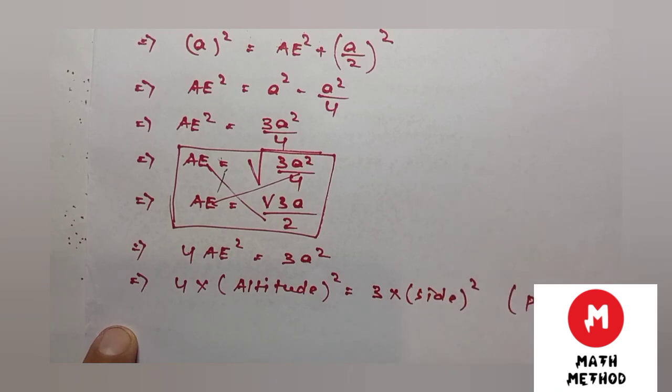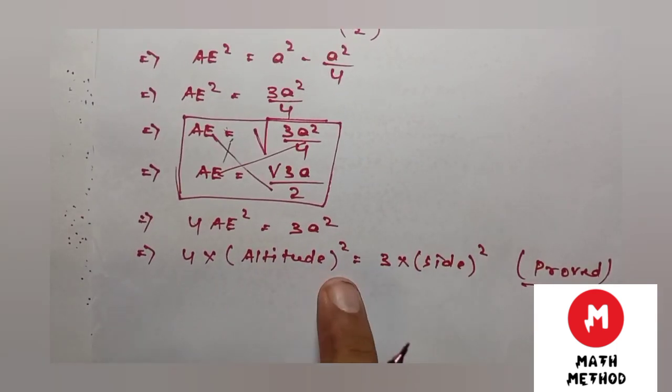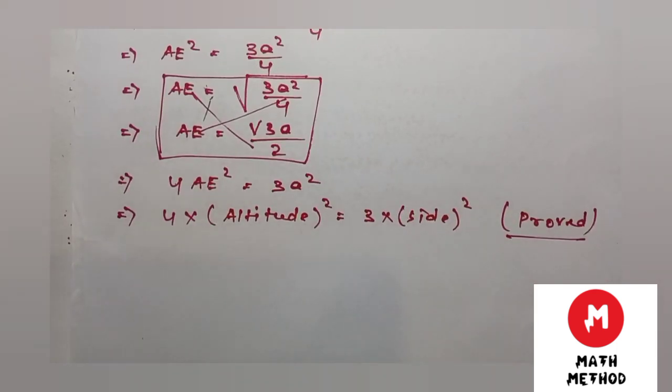Proved. This we had to prove: 4 into altitude square is equal to 3 into side square. So we have come to the end of question number 16.